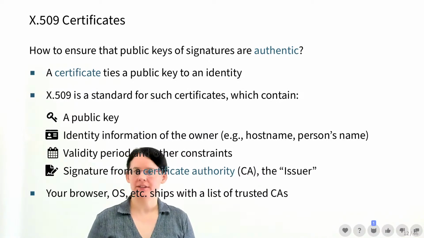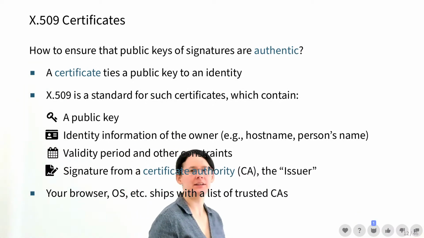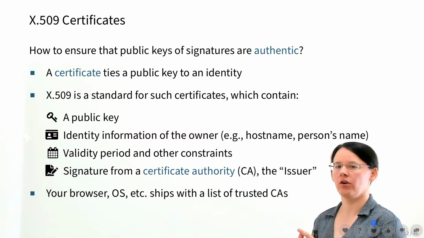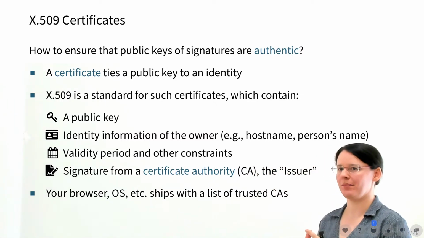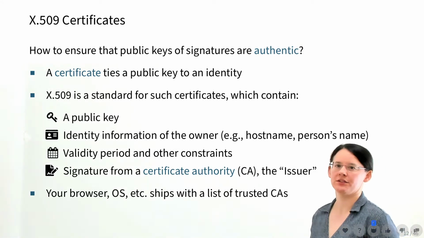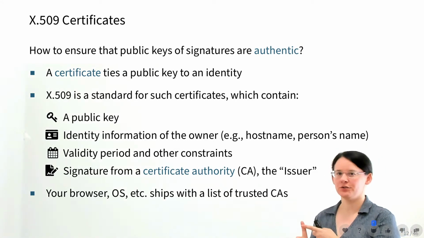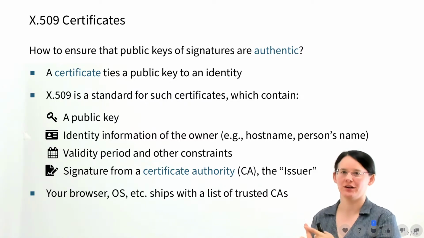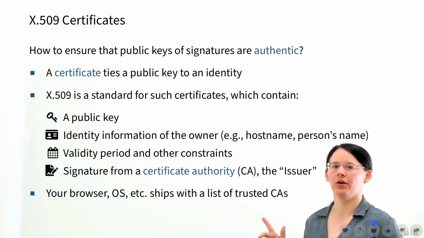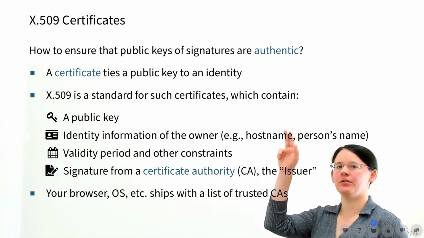So what does it contain, a certificate? First, it needs to contain the public key that we're talking about. So this is the long-term signing public key of the server. This must be in the certificate. Additionally, we need to say who the certificate actually belongs to. So which identity are we talking about? Like, for example, a host name, or it can also be a person's name.